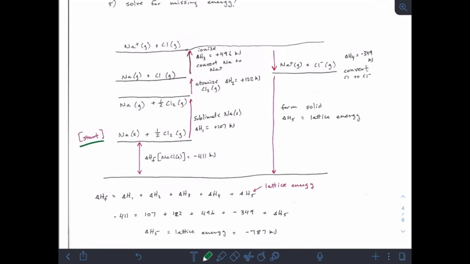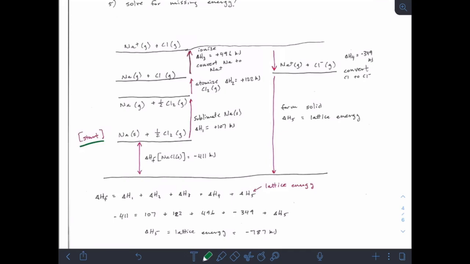Then I'm going to ionize my sodium to sodium plus. I'm going to pull off an electron. There's an associated energy input for that of 496 kilojoules. So far we're climbing up and up in our energy requirement. This is all energy that has to be put into the process, and whenever we have to put energy in, that is energetically unfavorable. The universe would rather get energy out rather than putting energy in.